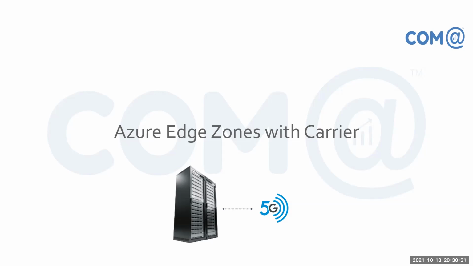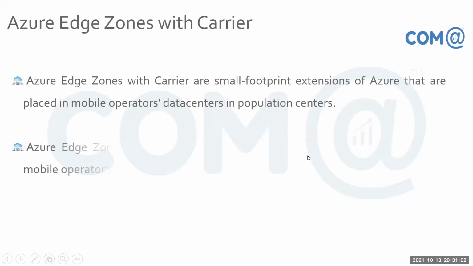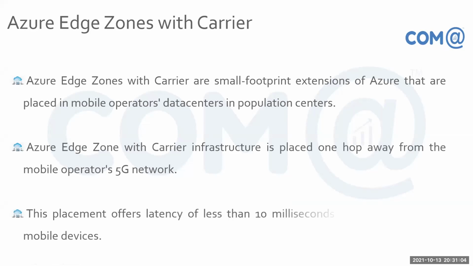To achieve that, Azure is going to use this edge zones with carrier. Basically, this service cannot be used in the regular public internet. It can be used only when you have the 5G network in your country, first of all.